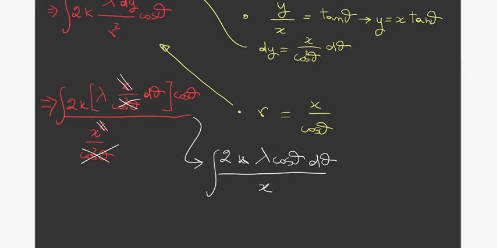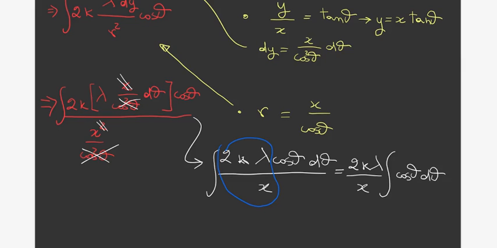Now, obviously, 2k lambda and x can be outside of the integration. So I will have 2k times lambda divided by the distance to the point P, that's not a variable, it's just a constant, a given, times the integral of cosine theta d theta.